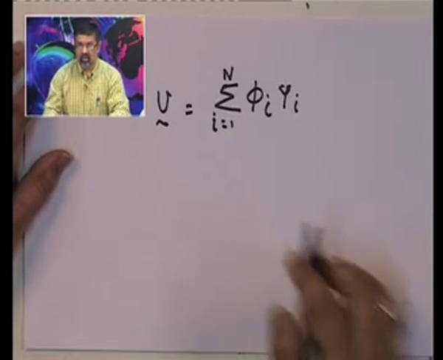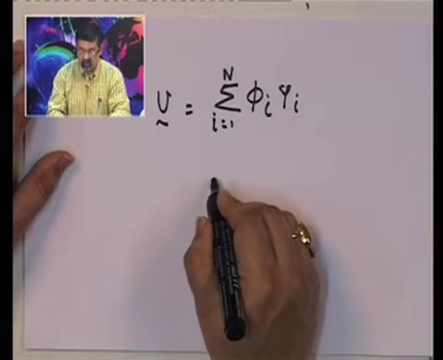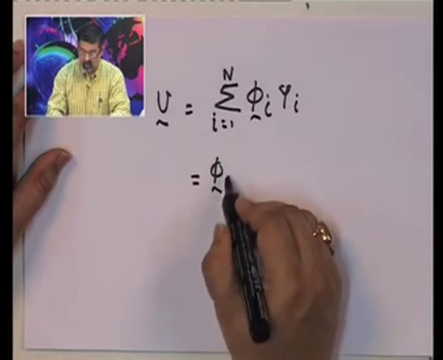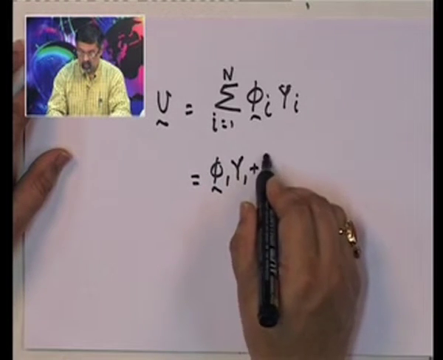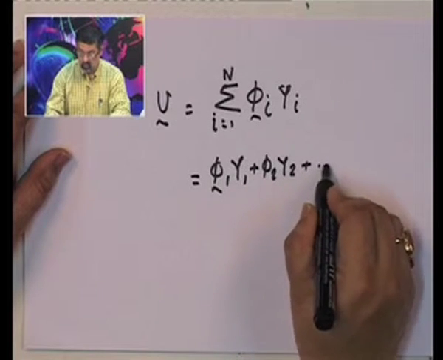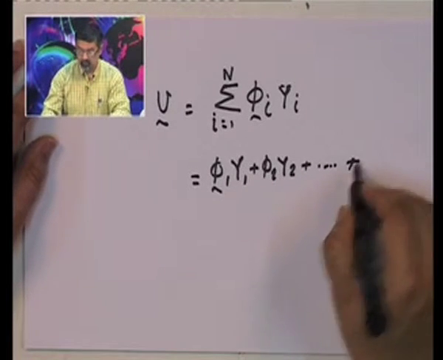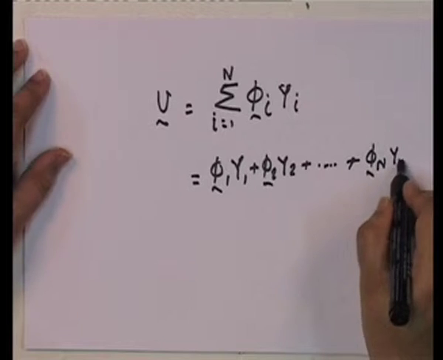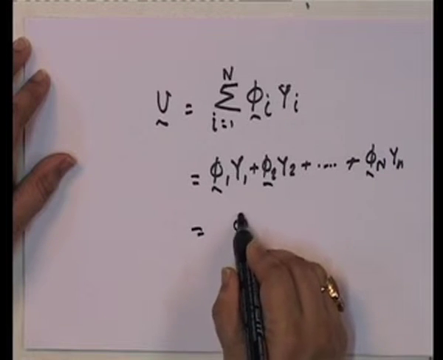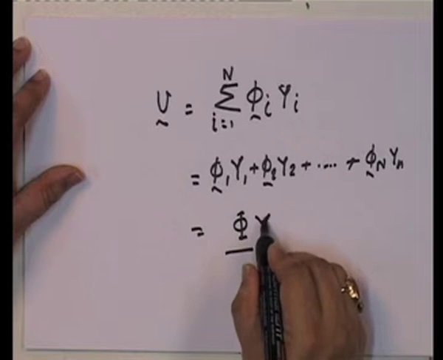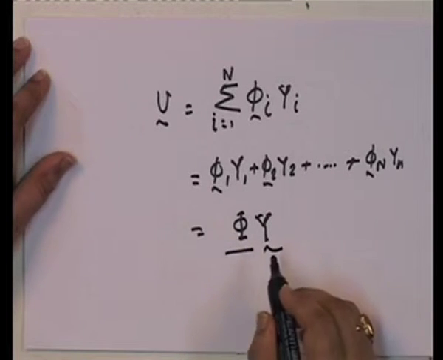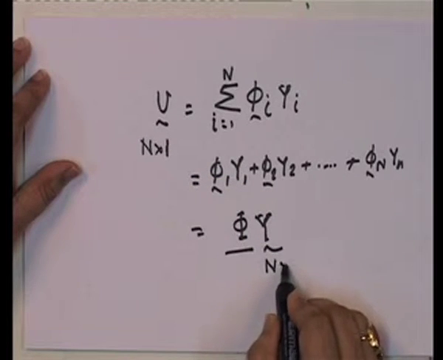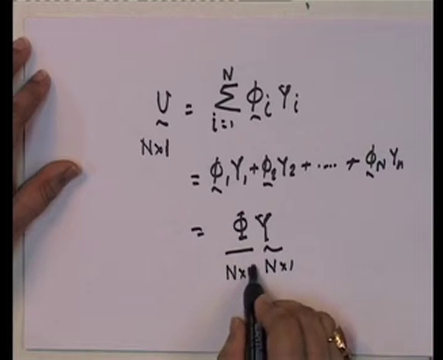And so, if you look at this, in essence it becomes phi 1 y 1 plus phi 2 y 2 and so on, plus phi n y n, and I can write this in matrix form in this format. This is an n by 1, this is an n by 1, this is an n by n.